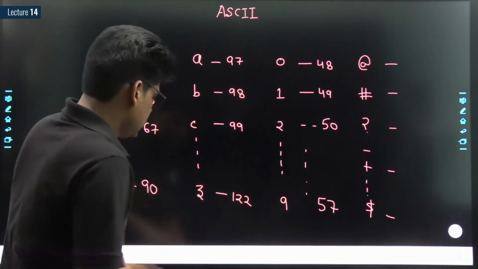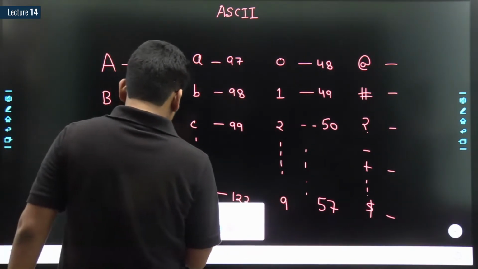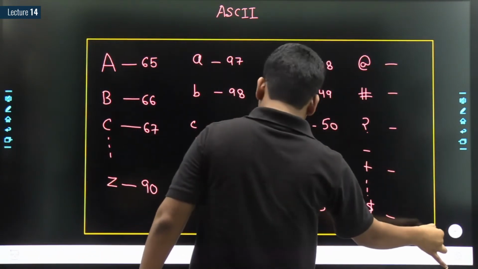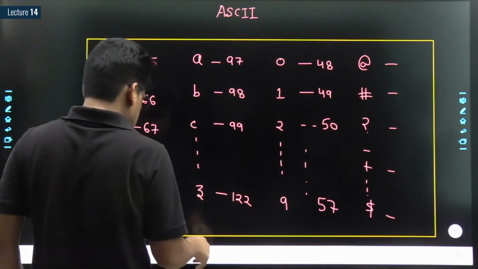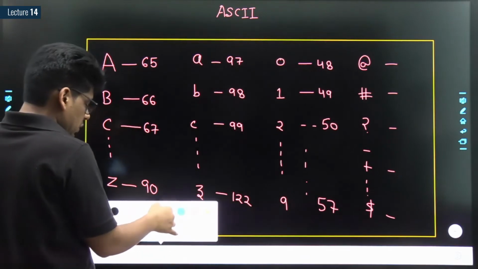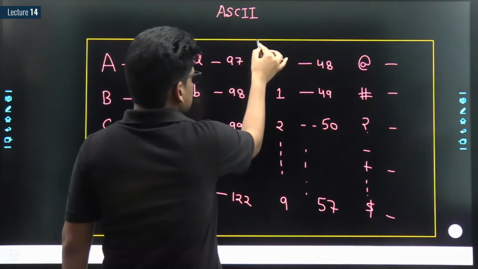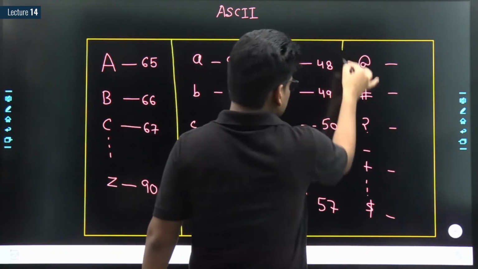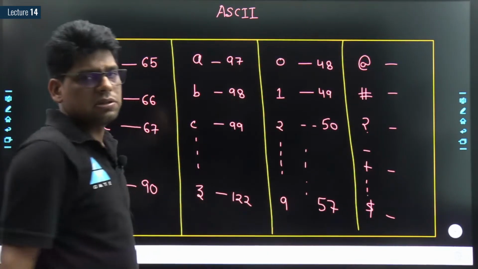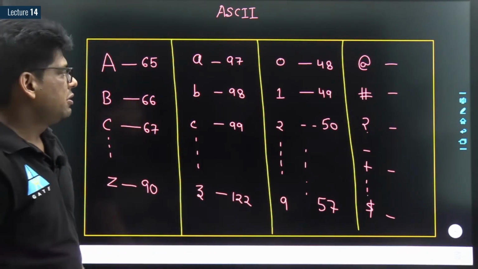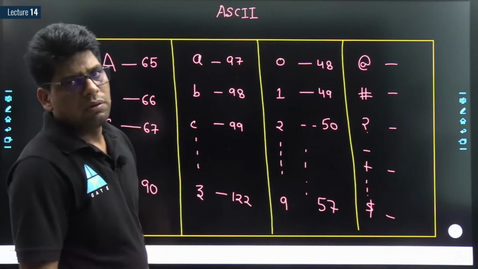Sir, what is this? This is nothing but our character system. Not exactly this, much more symbols are to come. Don't memorize them by heart. With practice, you will get to know.